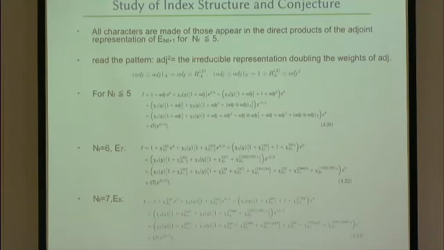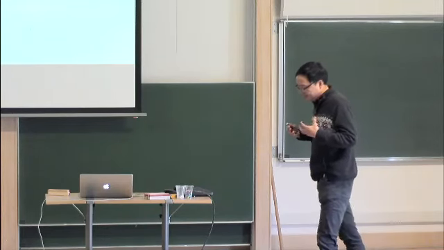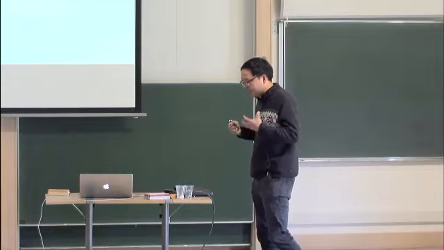However, we can study the index structure, and then we can make a conjecture about the E7 and E8 index, even though we don't have the derivation. For flavor less than or equal to 5, we can represent it in terms of some alternative representation. The hypermultiplet comes with the fundamental representation.